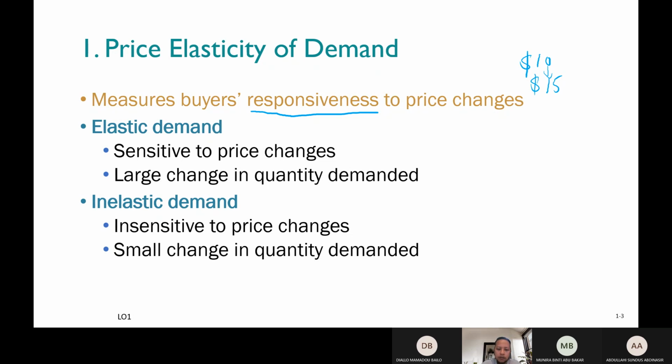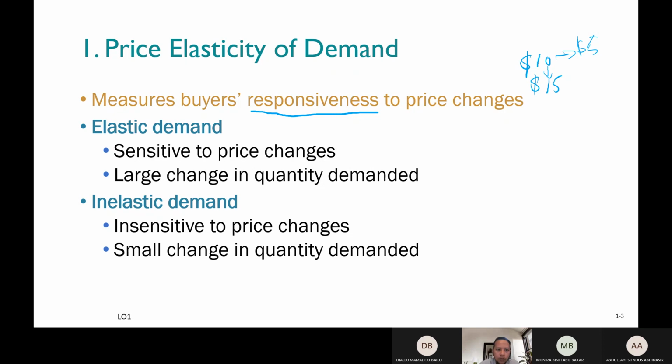In that case, the pizza restaurant has already lost one quantity demanded. This is the premise of elasticity: how buyers respond to price changes. The price can increase or decrease; if it decreases to 5, the buyer would buy more.